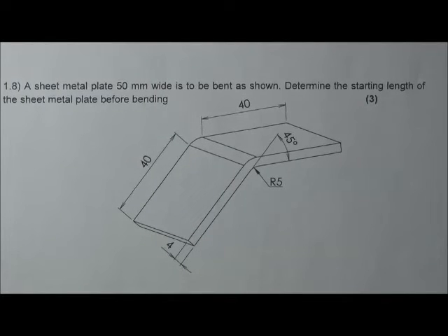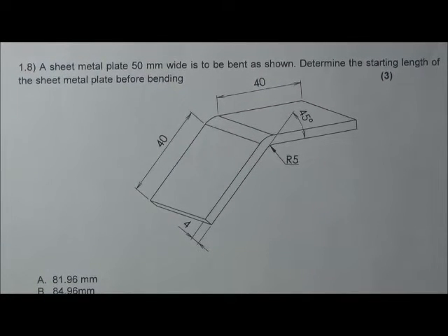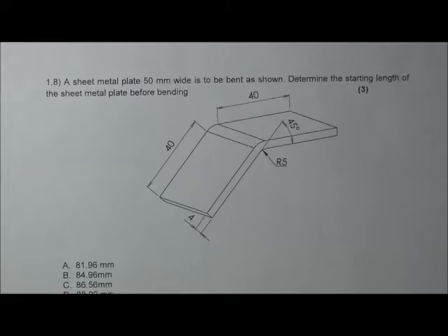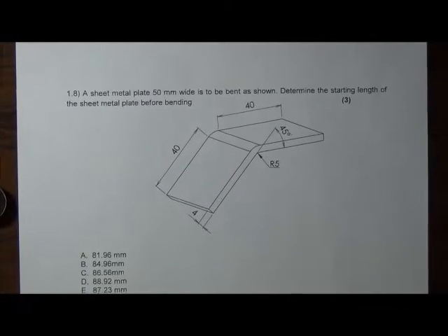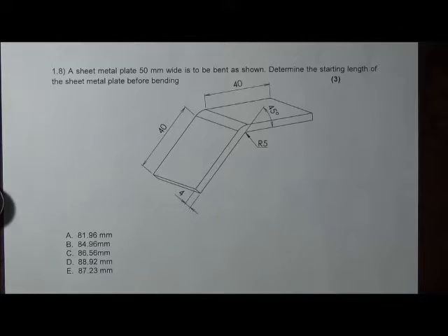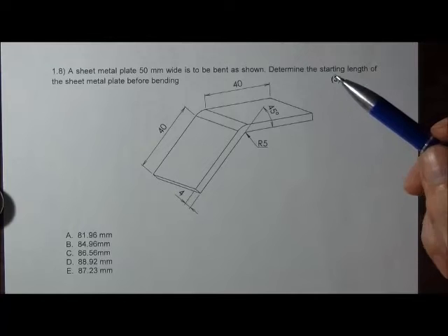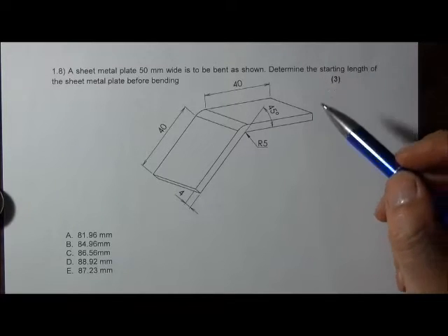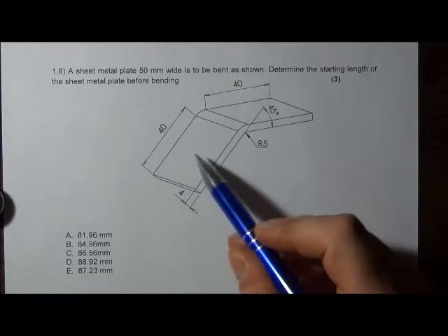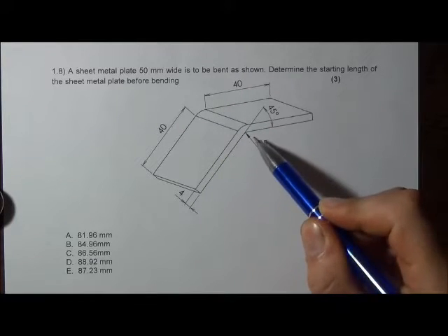Question 1.8. I'm just going to zoom out a little bit. Question 1.8 says a sheet metal plate 50 millimeters wide is to be bent as shown. Okay, so it's 50 wide, this length is 40, that side is 40.